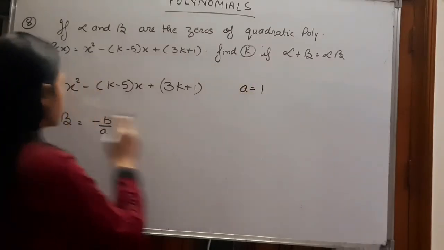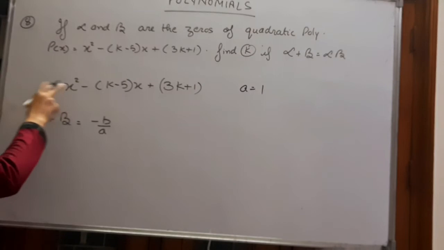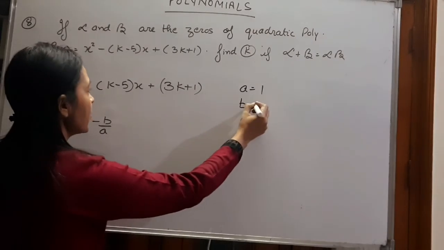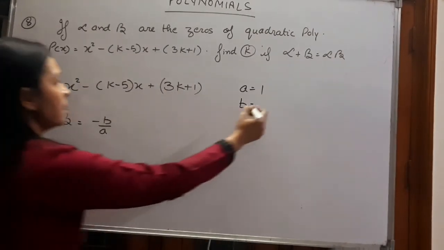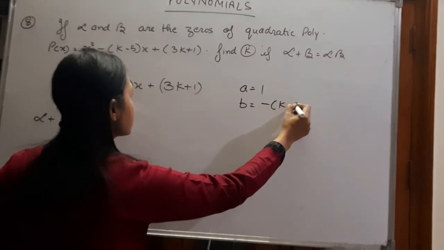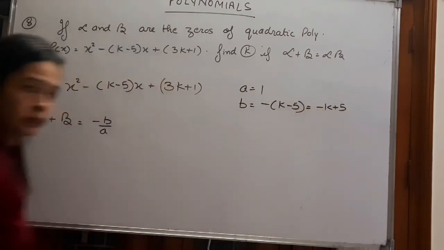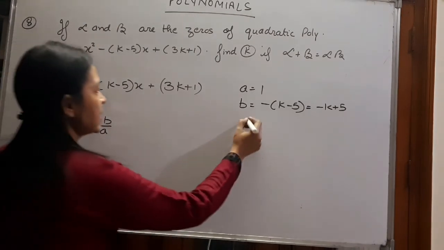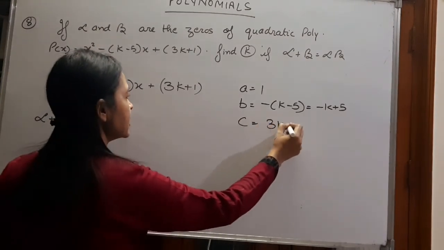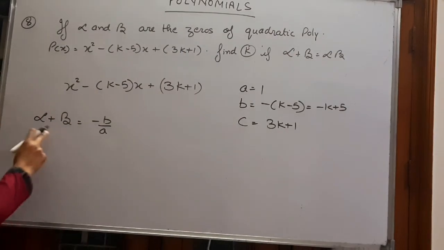What is b in this case? b is the coefficient of x. a is the coefficient of x square, that is 1. What is b? Coefficient of x is minus of k minus 5, or minus k plus 5. What is c? Constant, 3k plus 1.